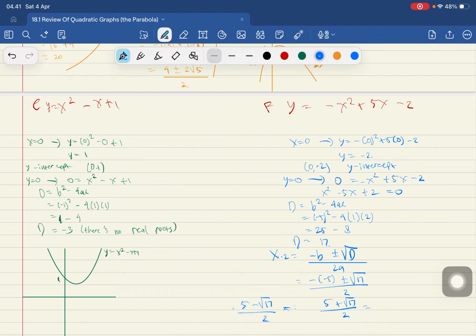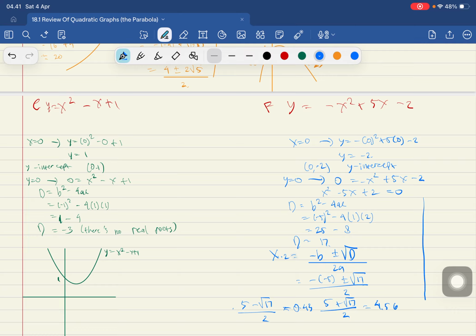So it's going to be 0.43. Another one, 5 plus square root of 17, then we divide by 2. So it's 4.56. So let us sketch.